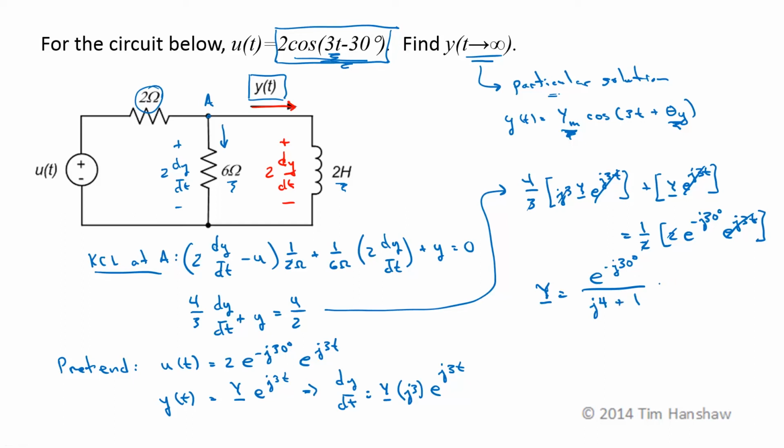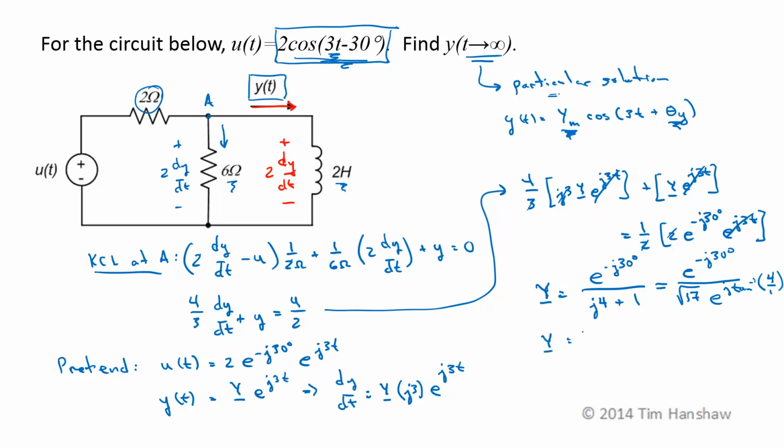Division is more easily done in polar form for me, so this is e to the minus j30 degrees over the magnitude, which is the square root of 4 squared plus 1 squared, which is square root of 17, e to the j inverse tangent of the imaginary part, which is 4, over the real part, which is 1.